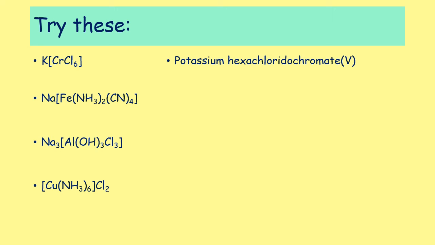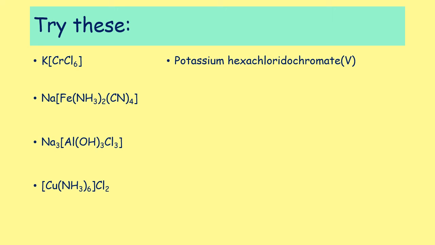The next one, we've got 1 sodium on the outside. It's positively charged. That means the complex is negatively charged. There's only 1 sodium, so the complex has a -1 charge. So we know that positive comes before negative, so it's going to be sodium and then the name of the complex. Now the complex has a -1 charge, so the name iron is going to have to change.